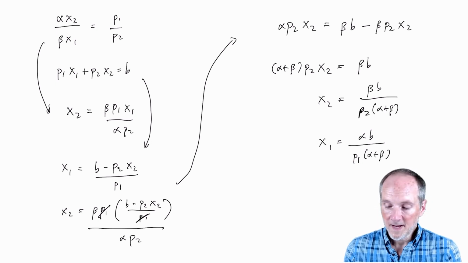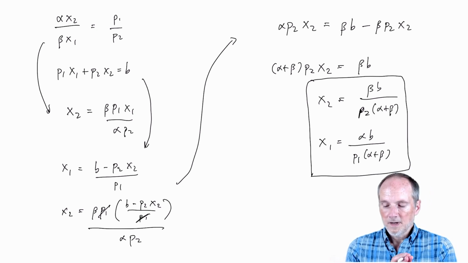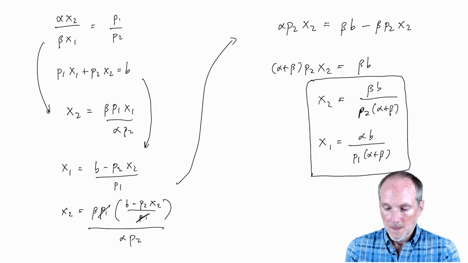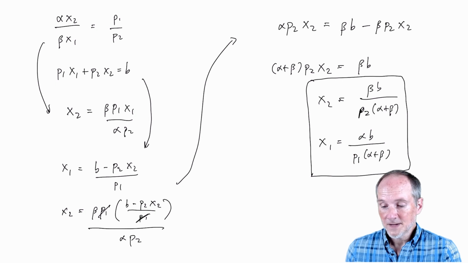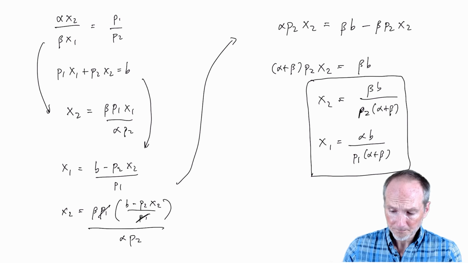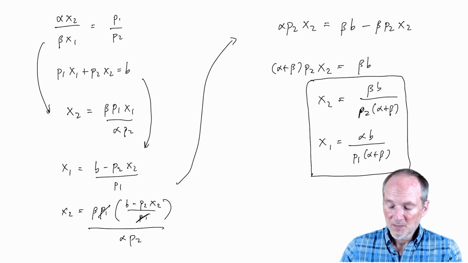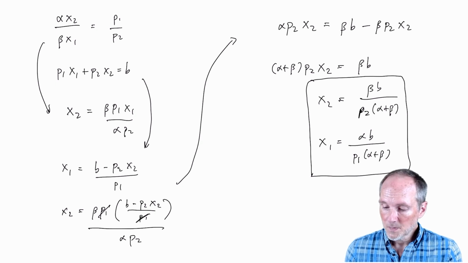We could also solve for lambda, but for now I'm really just interested not in the multiplier, but in the optimal bundle. So if a bundle x1, x2 is optimal, it has to be this one. That's really the logic we've been following. And then there's a short step to ascertain that, yes, indeed, this is the optimal bundle. We've solved for it. And again, we have a parametric solution for this optimal bundle.